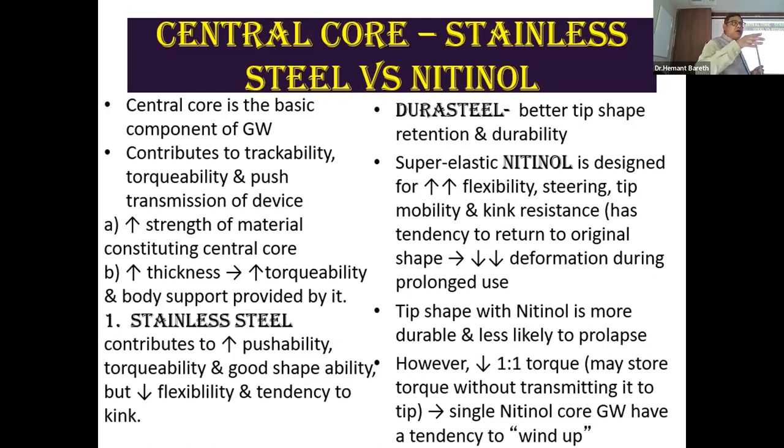So if you have to do CTO lesions, BMW is not a good idea, because it is made of nitinol and not stainless steel. For 1:1 torque transmission, pushability, and support, you require stainless steel. So for CTO lesions, you would not use a BMW wire.